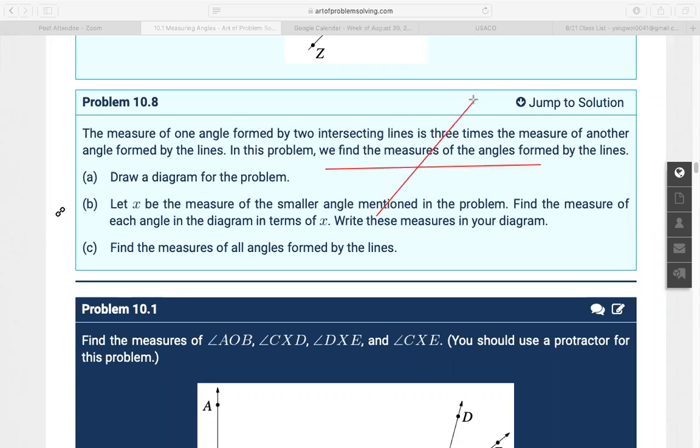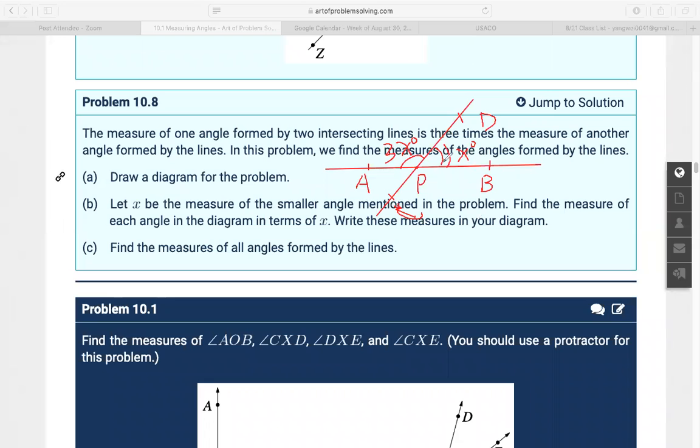Then I mark this line as A, B. This line is C, D. And they intersect at P. Now let's suppose this angle is x degrees. This one will be 3x degrees. It should be 3x.